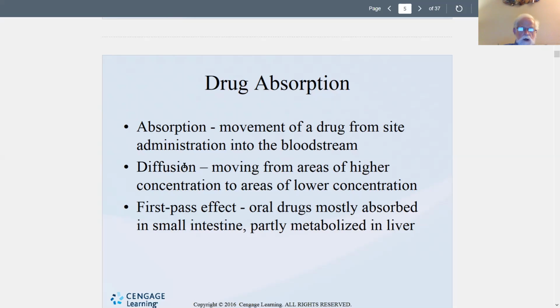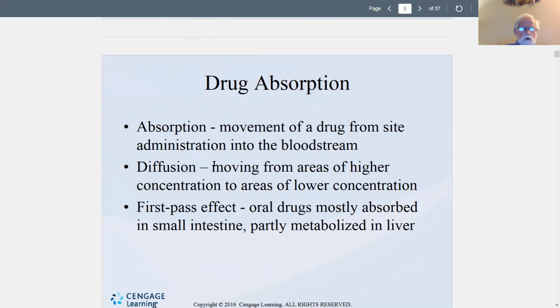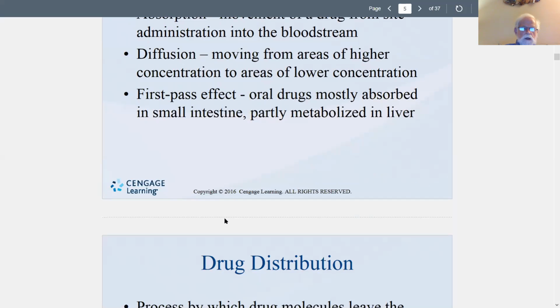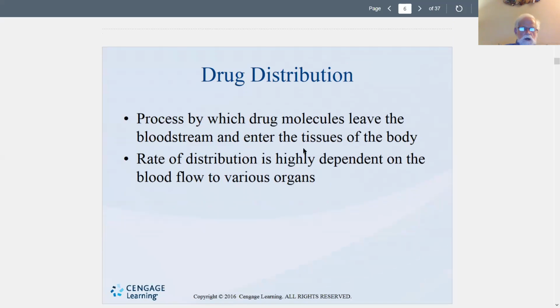It moves from various areas where it's in high concentration and distributes itself out and equalizes the concentration in the body. And here, during the process of absorption, we have the first pass effect. Oral drugs then get partly metabolized in the liver right away. In fact, you can lose 20 to 80% of that original dose.